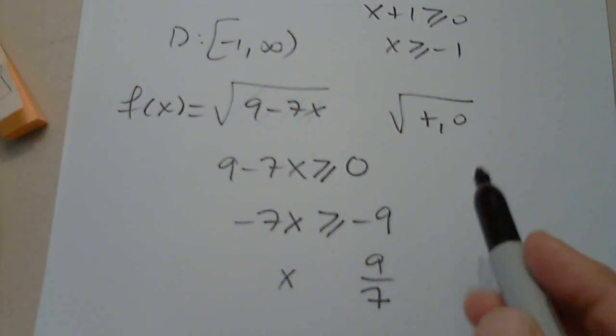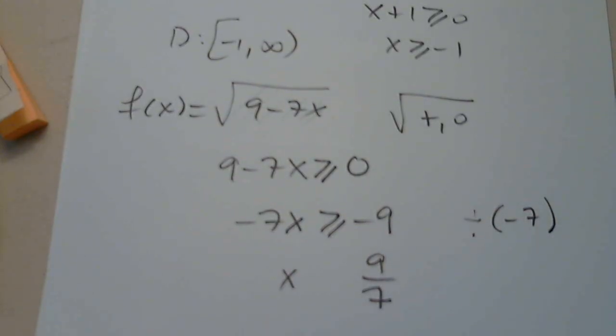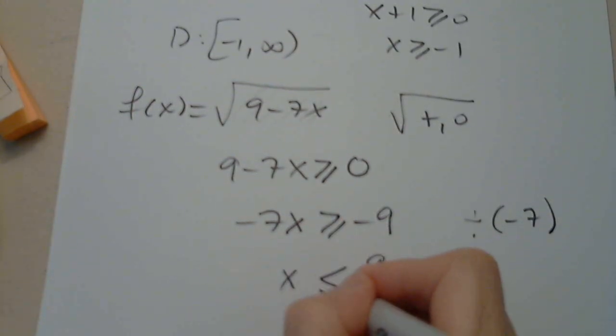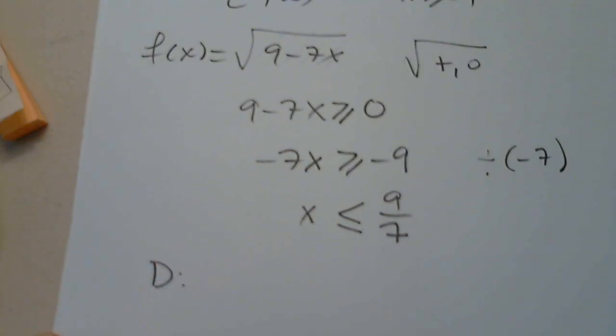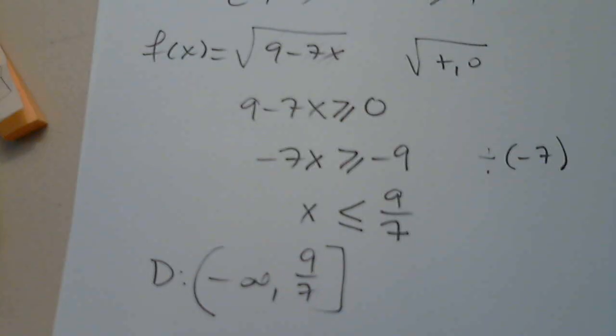So I divided both sides by -7. Yep. What do we need to do when we divide both sides of an inequality by a negative number? Yes, indeed, from greater than or equal to, to less than or equal to. Oh, right. So the domain here is -infinity to 9/7.